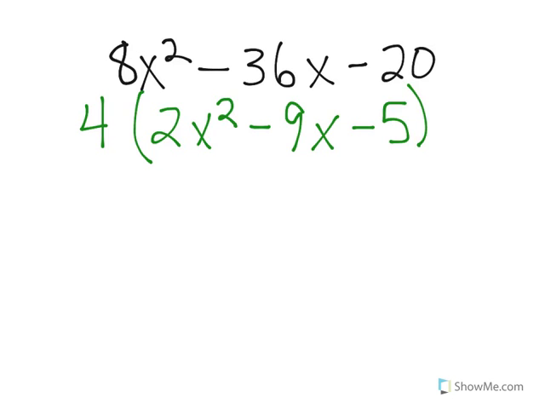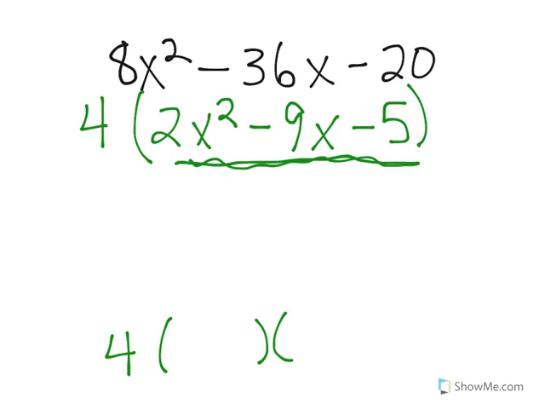And so now we're just going to focus on this trinomial for now. At the very end, we know that our answer will have 4 times 2 binomial factors, and because this last term c is negative, we know that we're going to have opposite signs.